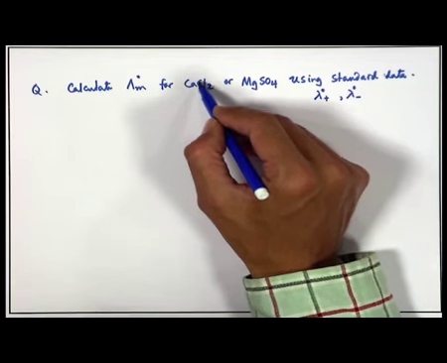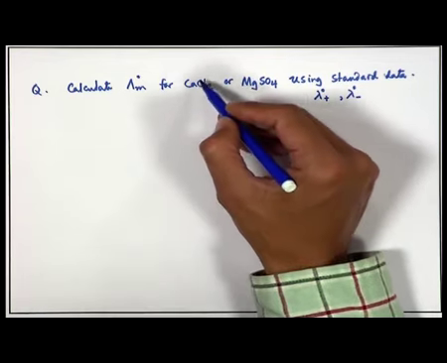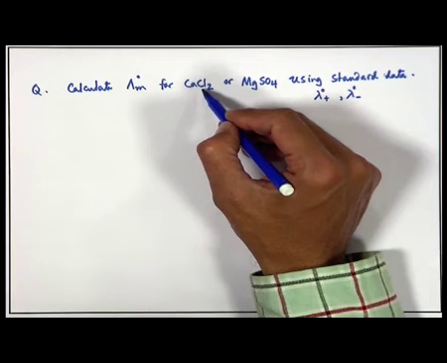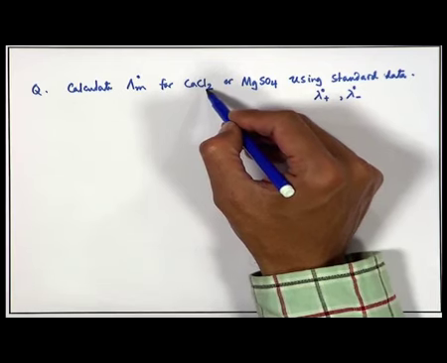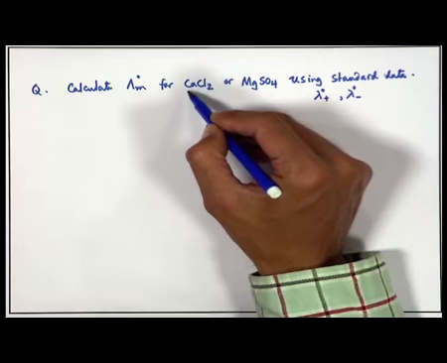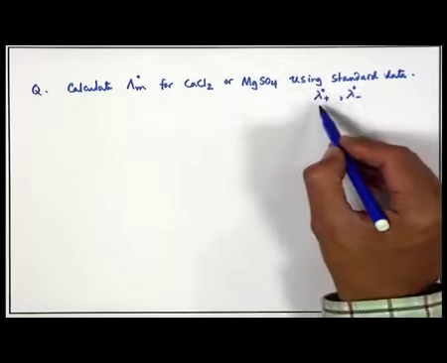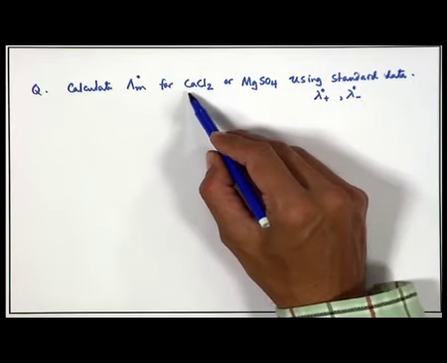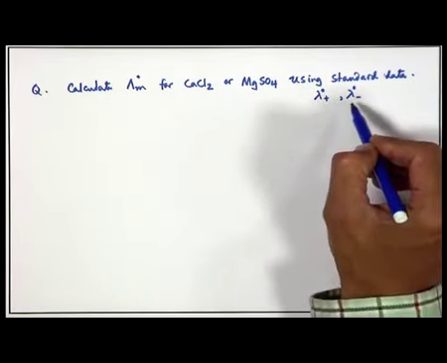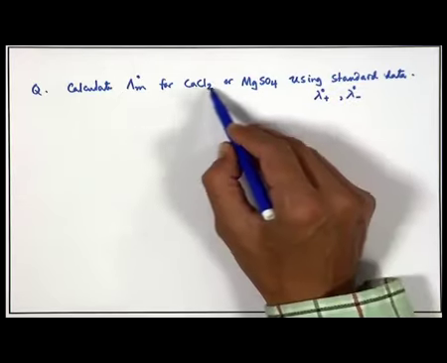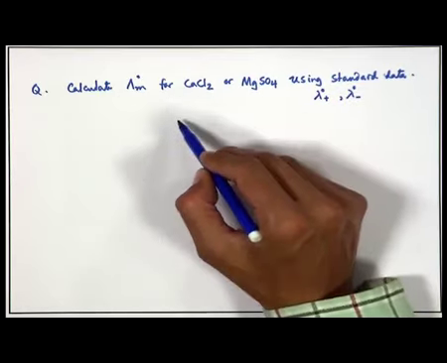So, 2 chloride ions means it is double in number. So, the contribution from chloride will be double compared to the contribution from calcium. That means whatever lambda 0 plus value is there, you will just consider, and then twice the lambda 0 minus value for the contribution of the anion.